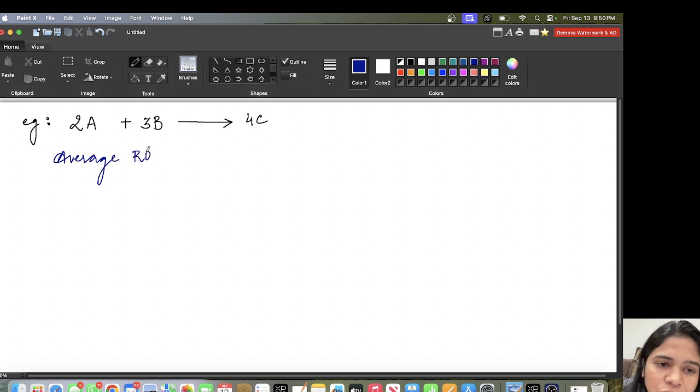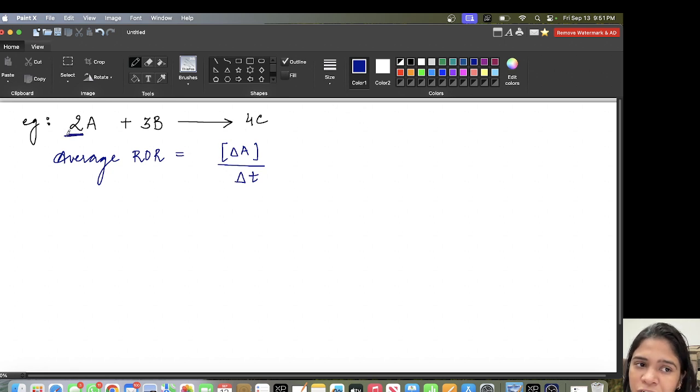I will write delta A by delta T. Why delta? Change in concentration. Change in concentration per unit time, that's what we are measuring.